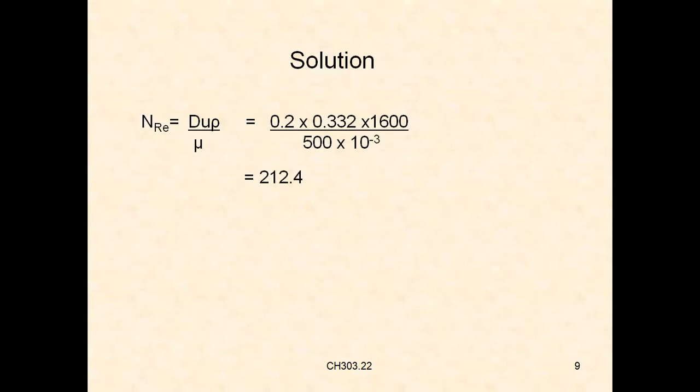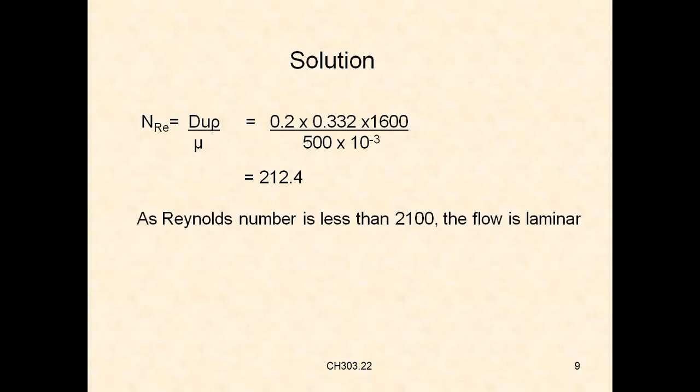This value is less than 2100 and the flow is laminar.